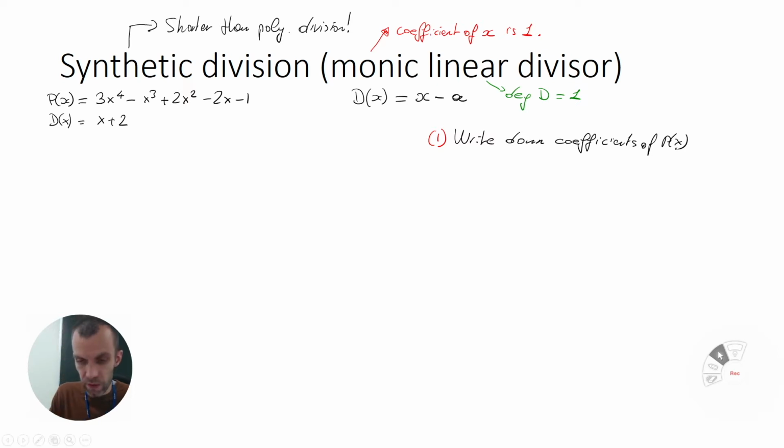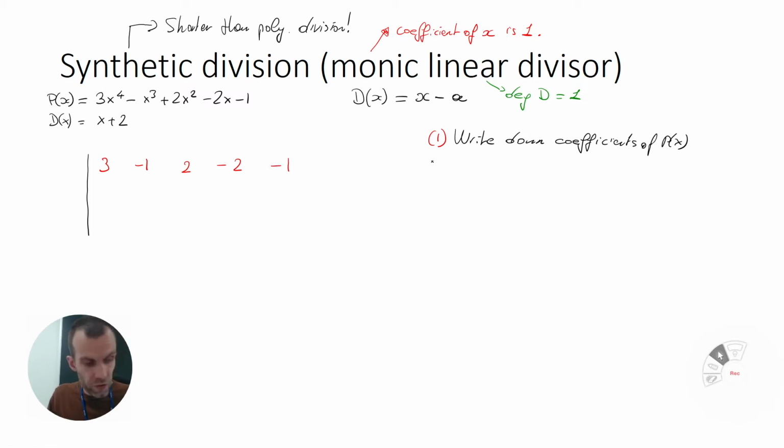So we get 3, minus 1, 2, minus 2, minus 1. It's important that if one of the coefficients is 0, because the term is 0, you also write down that 0 in this list.